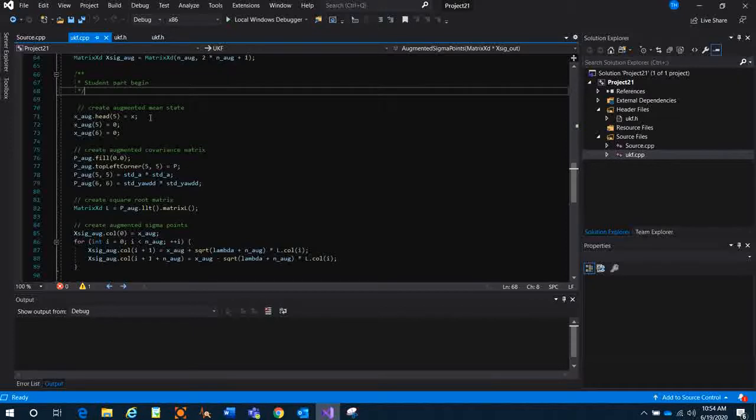You see, we create a P augmented right here, filled with all 0, and the top left corner, 5 rows and 5 columns, equals P, the same covariance matrix. The other positions in the 7 by 7 matrix are your angle acceleration and your longitudinal acceleration. It's hard for you to see right here, but I'll show you later.